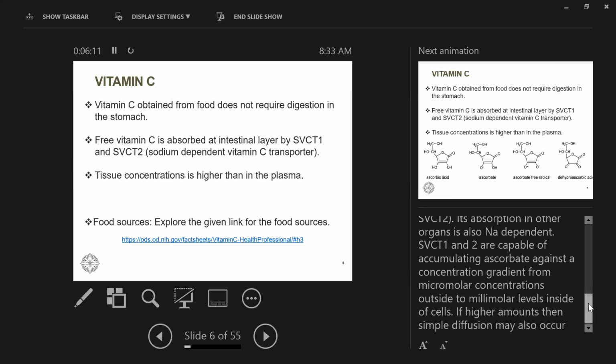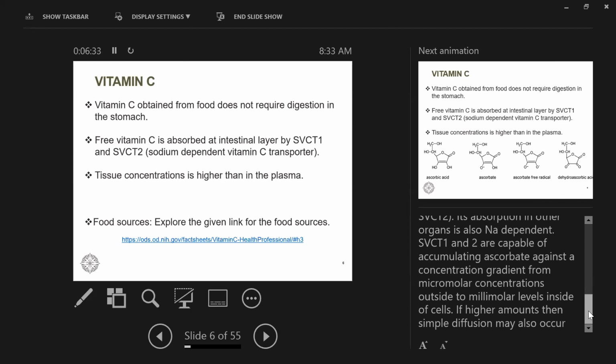Now, these are so specialized transporters that they are capable of accumulating ascorbate against a concentration gradient from micromolar concentration outside to millimolar levels inside. But wait, if we have too much of vitamin C, and remember the word I said, body knows.